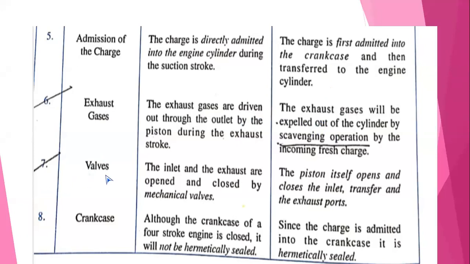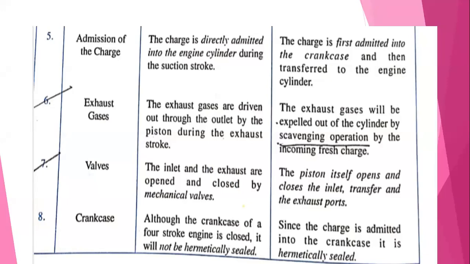Come to the next very important point, the valves. In a four-stroke engine, there are separate inlet and exhaust valves. Depending on the stroke, the inlet valve opens or the exhaust valve opens.